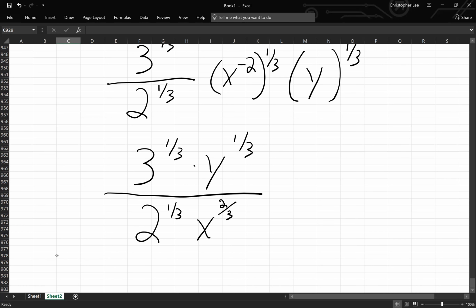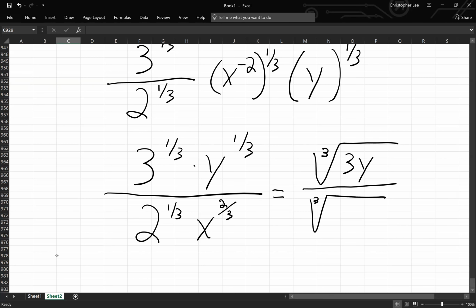Just like that. Let's make it all look pretty. This is gonna be the cube root of 3y over the cube root of 2x squared, just like that.